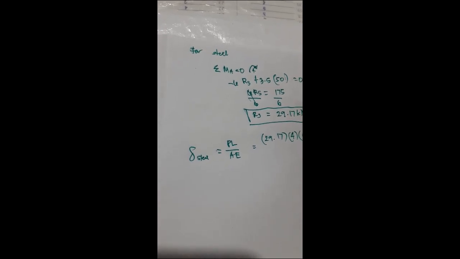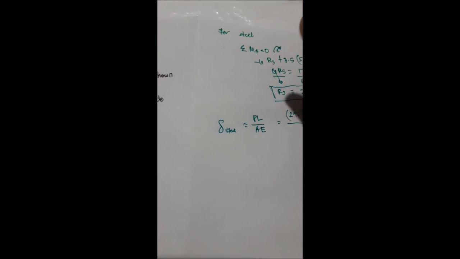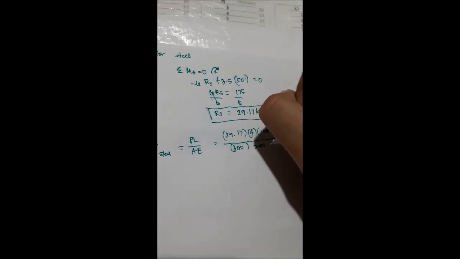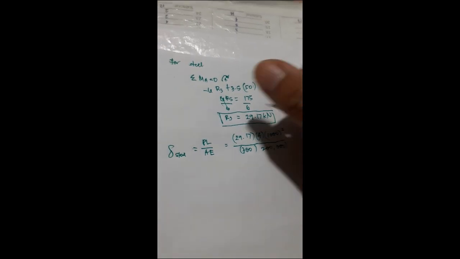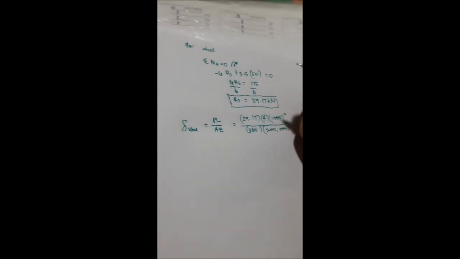We have to convert this to millimeters using the same factor as we did before. And the area is 3,000 times the 200 GPa, which we will convert to MPa to cancel the values for the kilonewton.